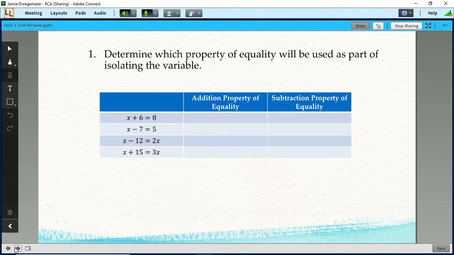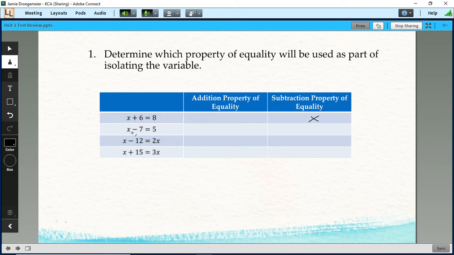So in this first example, I have x plus 6 equals 8. If I'm solving for x, I want to isolate that variable, then I need to undo that addition that's being done to the x right now. To do that, I have to subtract 6 from each side. So that's using the subtraction property of equality.